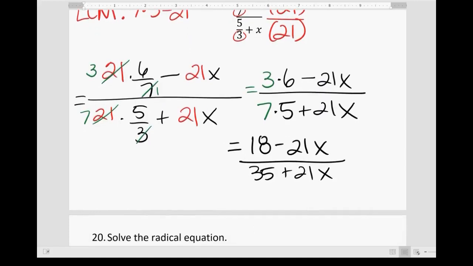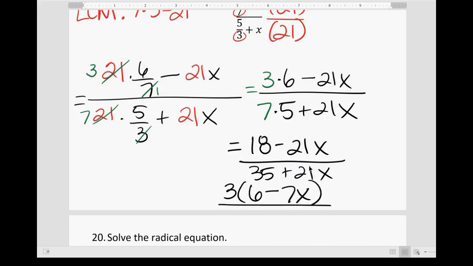And let's see if we factor any common factors out, if we will get anything that can cancel. So 18 and 21 have a common factor of 3. So if I factor 3 out, I'll have 6 minus 7x at the top.